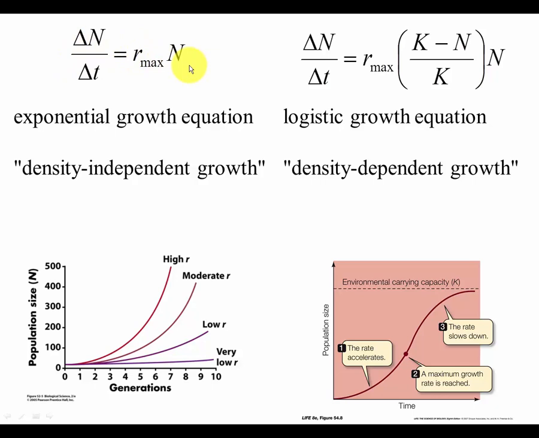It's R max, and R max stays the same no matter what N is. Over here, you have population growth, particularly the number of offspring that an individual is likely to have over its life, and that really depends on the population density. So this is called density-dependent growth. The number of offspring that an individual can expect to have during its lifetime depends on density.